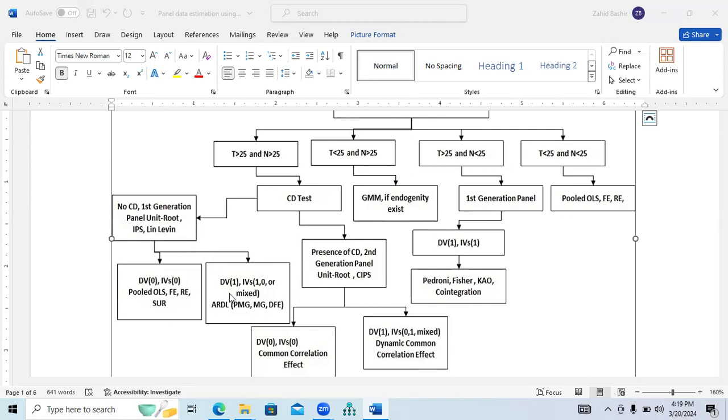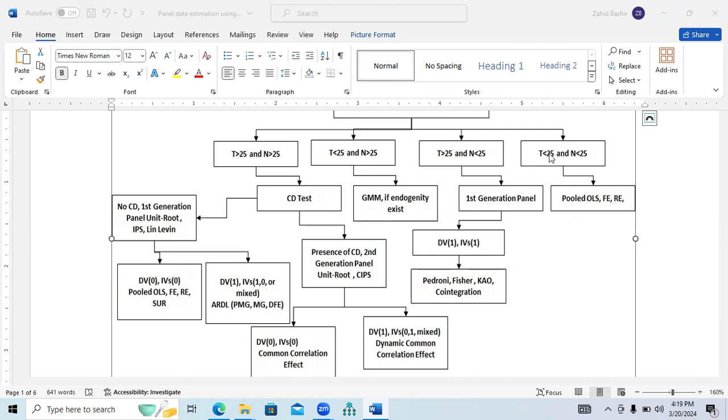And if your dependent variable is stationary at first level and IVs are stationary at mixed level, you are going to use the panel ARDL using PMG, MG, and DFE. I will let you know the whole procedure step by step.